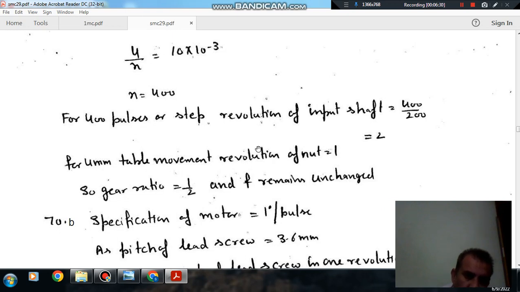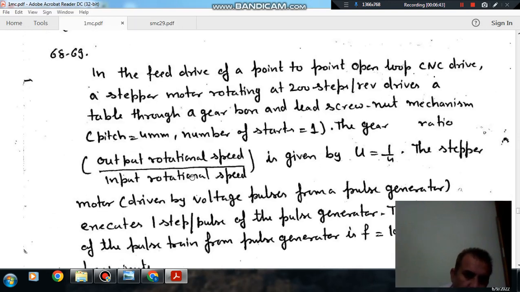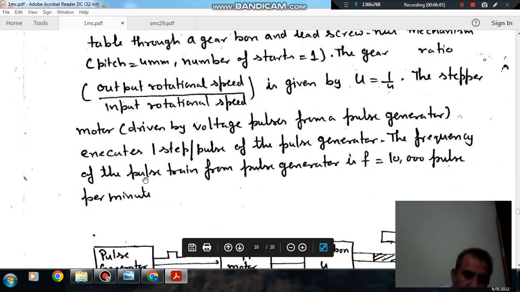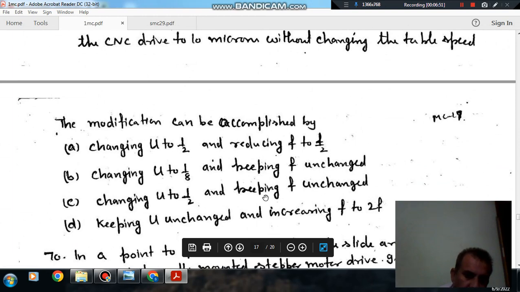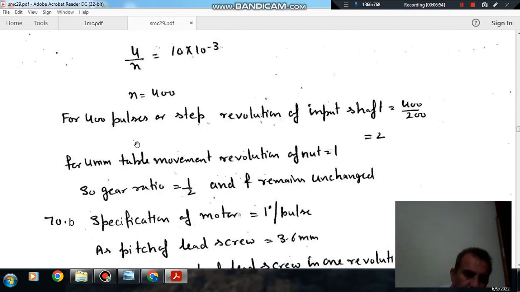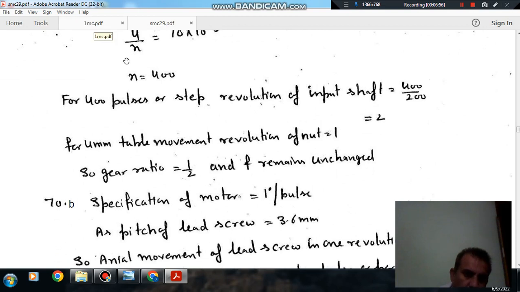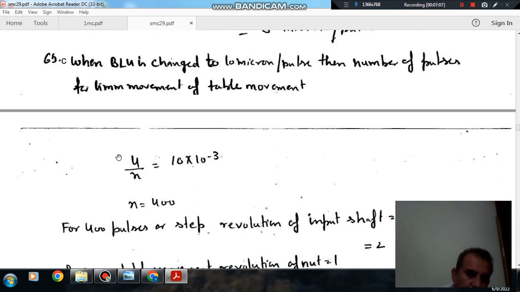So the gear ratio is now 1/2, because there are 2 revolutions of the input shaft and 1 revolution of the nut or output shaft. If we change the gear ratio to 1/2 and keep F unchanged, we can get the same speed, because for the same revolution of the input shaft we get the same speed. So the answer is option C.